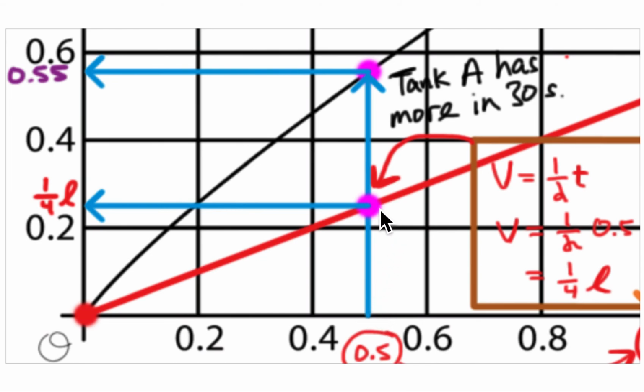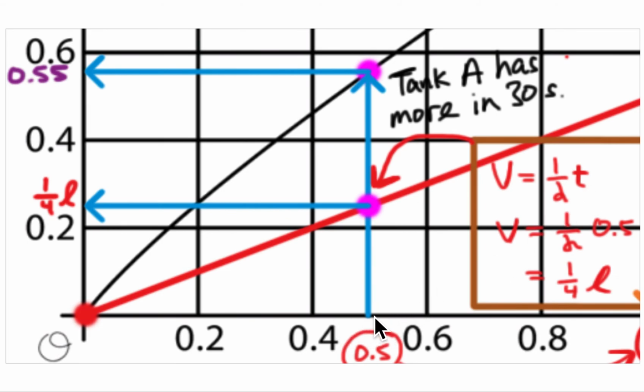So this is tank B, and this is tank A. So you can again think of this as the rabbit starts out really, really fast, and it's way ahead of the turtle. Tank A is way ahead of tank B as far as the volume that's filling. Now the equation for tank B is its volume is equal to 1/2 the units in time.